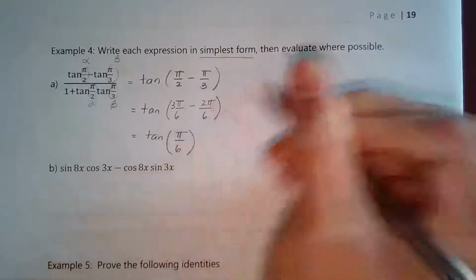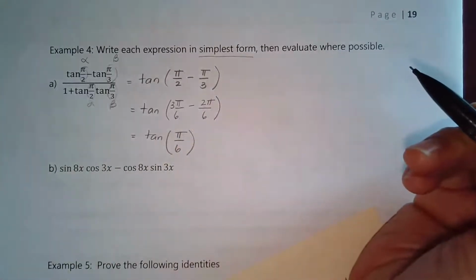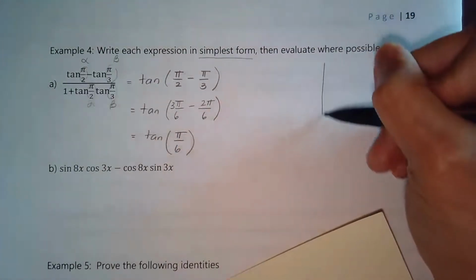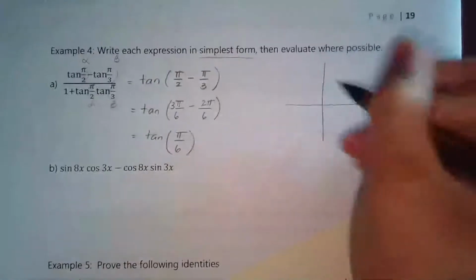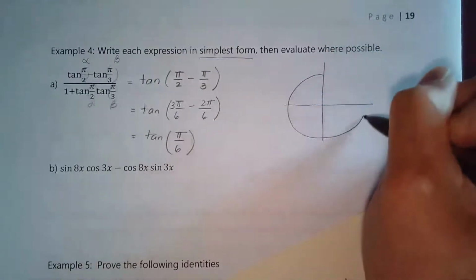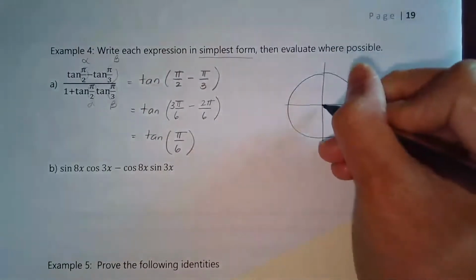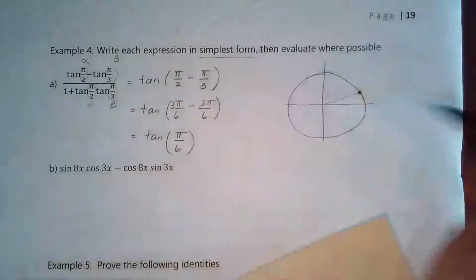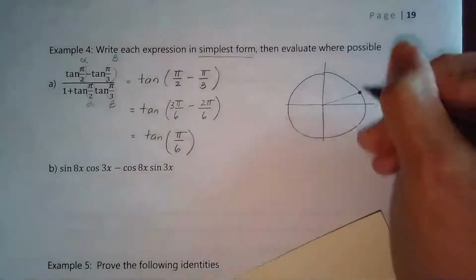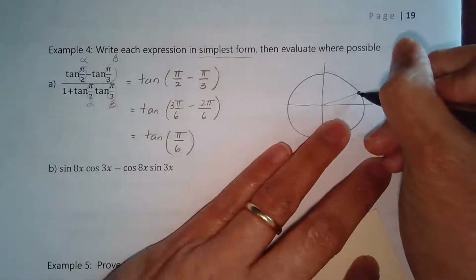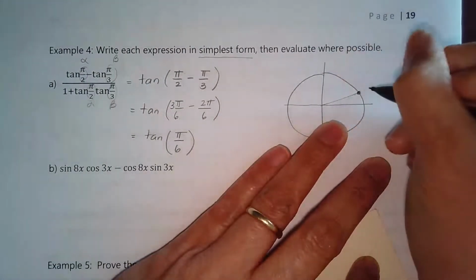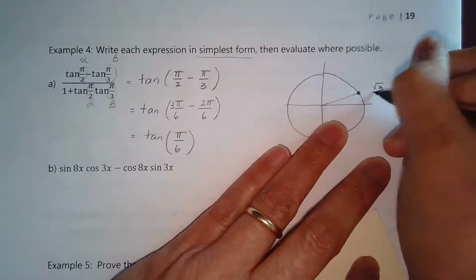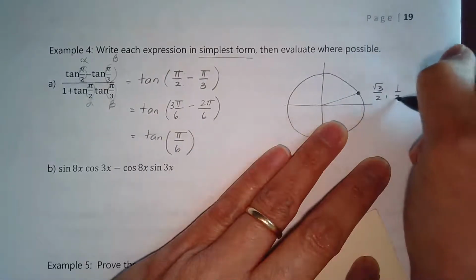Okay, well, what's tangent of pi by 6? Pi by 6 is this one right there. That's a special angle, so we could technically figure that out. So this one here, that's going to be root 3 over 2 comma 1/2.